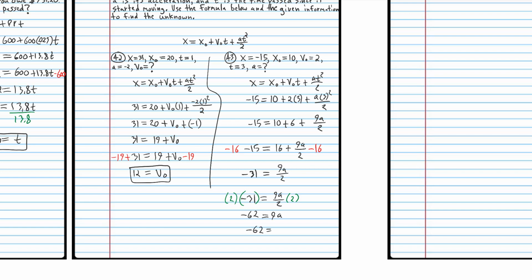And get out the purple color, divide both sides by 9, and we're out of room, so that means we just take an arrow, and we have a is equal to, and you can use the calculator for this, 62 divided by 9 is equal to 6.8 bar, and it's going to be -6.8 bar.